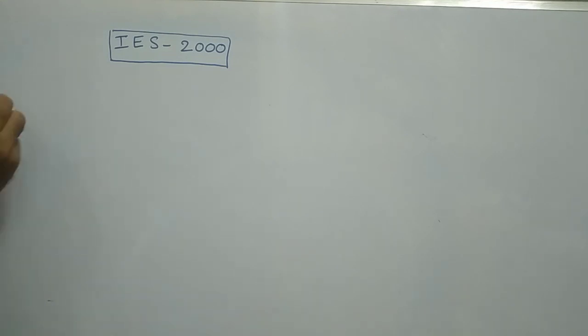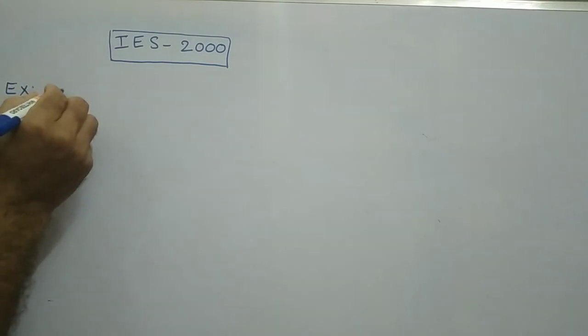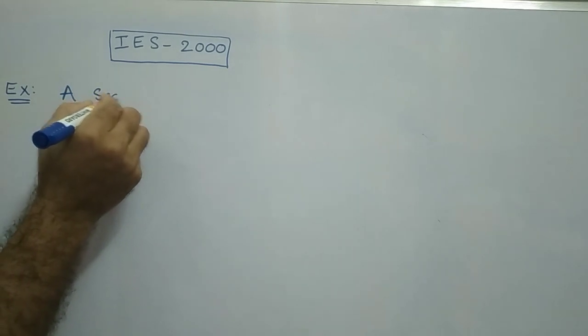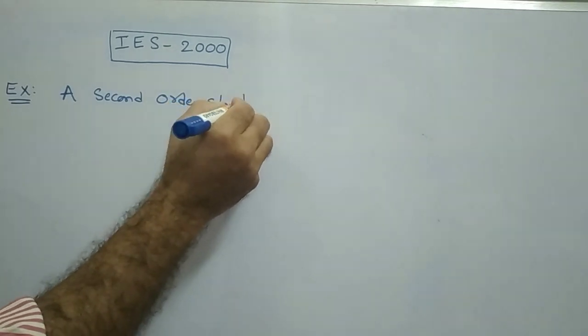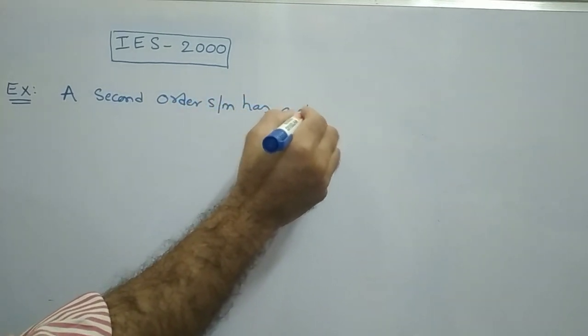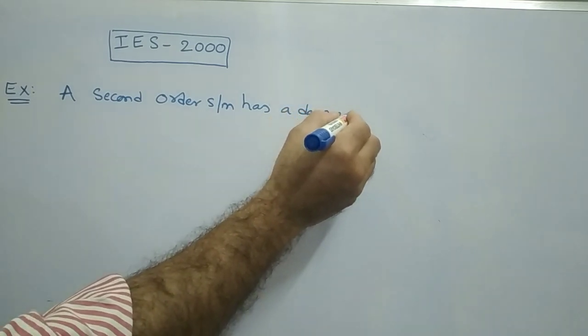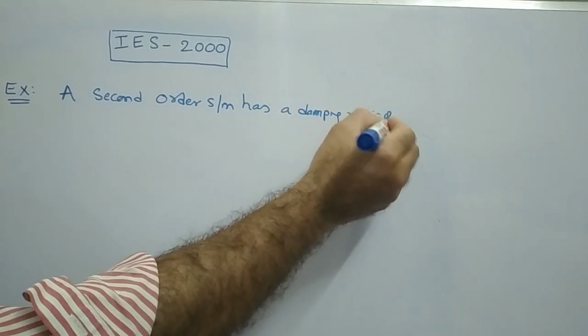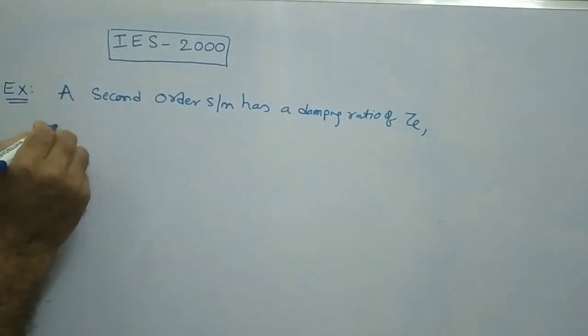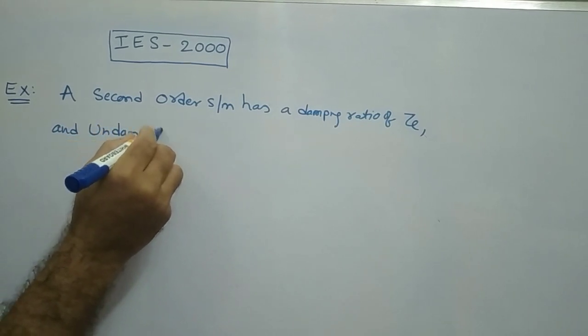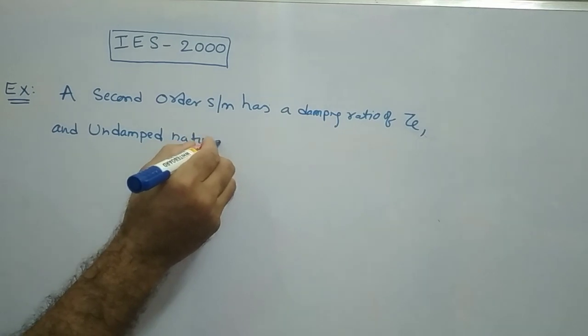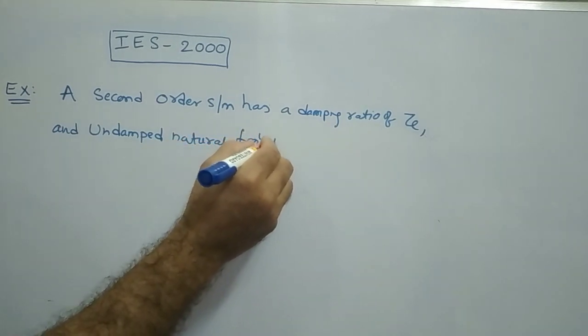The question is like this: a second order system has a damping ratio of zeta and an undamped natural frequency of omega n.